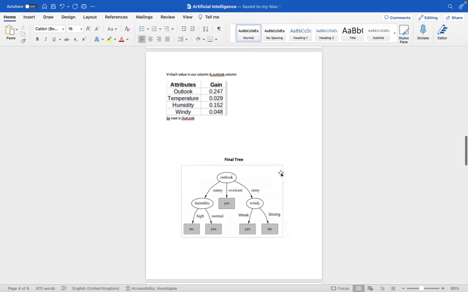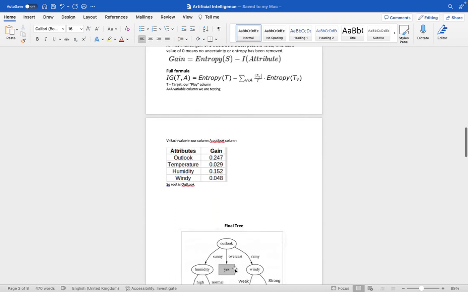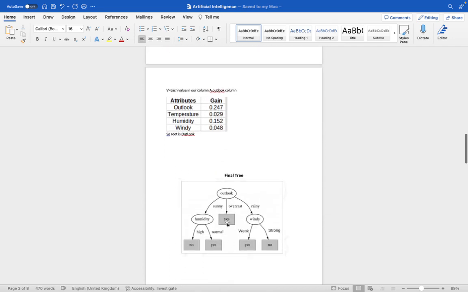So what would the decision tree be? This would be our final decision tree, with outlook as the parent node. In the case of sunny, we have humidity, and the humidity could be high or normal. For overcast, we know the entropy is zero, so it is a terminal or leaf node.